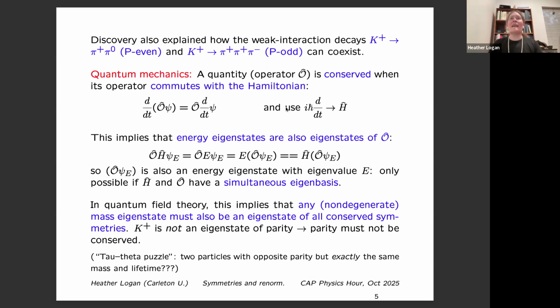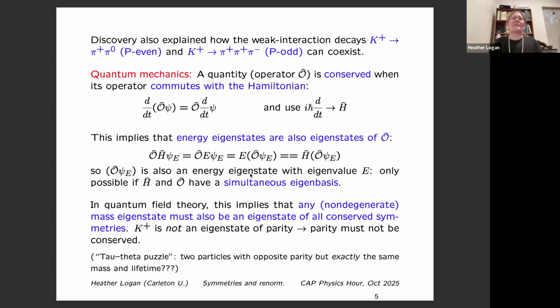Now, if some operator commutes with the Hamiltonian, that implies that eigenstates of the Hamiltonian can also be chosen in a basis that are eigenstates of O as well, right? This comes up in quantum mechanics when you're doing degenerate perturbation theory, or the Stark effect or fine structure and so on. You classify the energy eigenstates in terms of their transformation properties under some other symmetry, and then you can do perturbation theory on those, right?